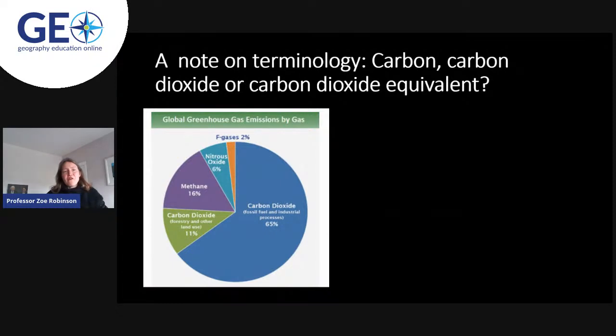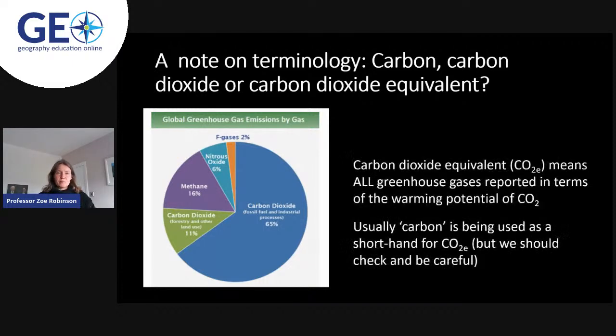Before I go any further, I just want to say a quick note about terminology that we might use in this field, and whether we're talking about carbon, carbon dioxide, or carbon dioxide equivalent.